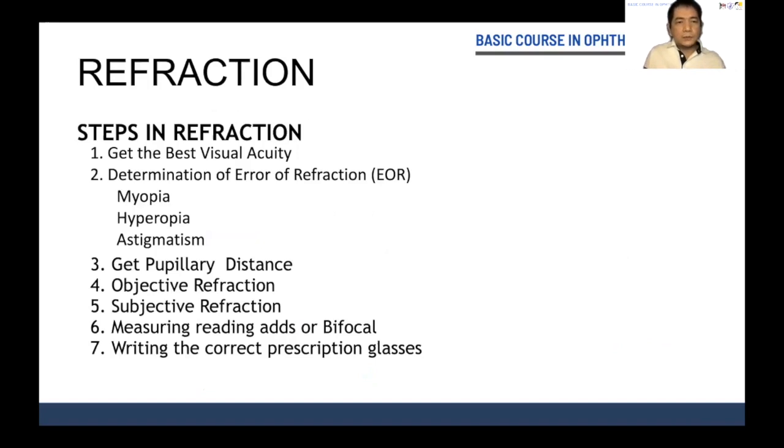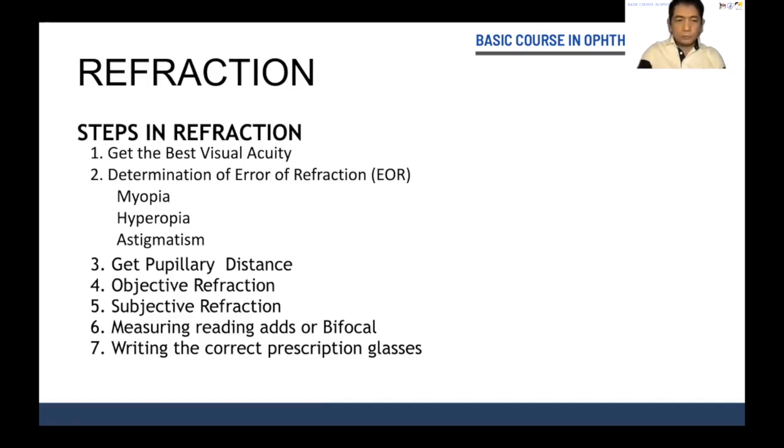And then after that, you determine the error of refraction, whether the patient has myopia, hyperopia, or astigmatism. And then get the pupillary distance. Getting the PD is very important because you set your phoropter optical centers depending on the value of your pupillary distance.